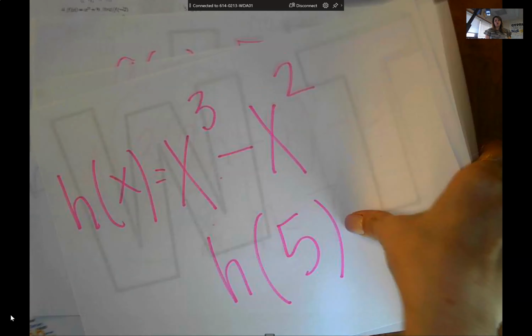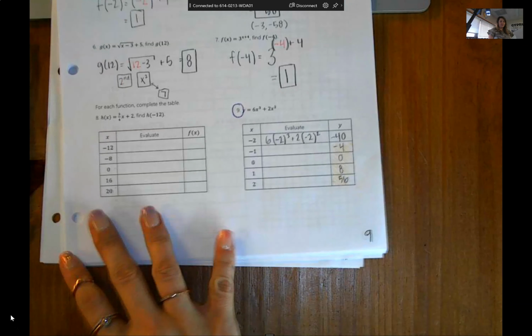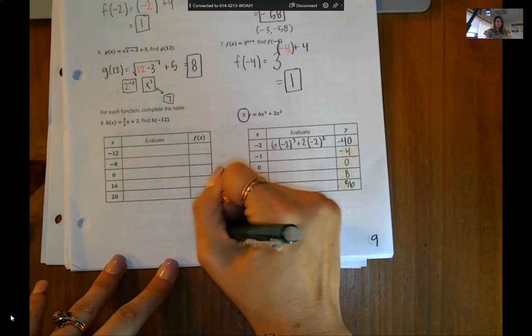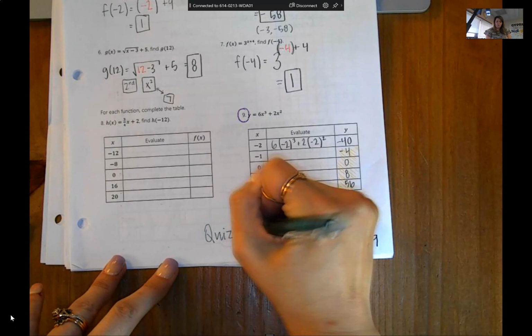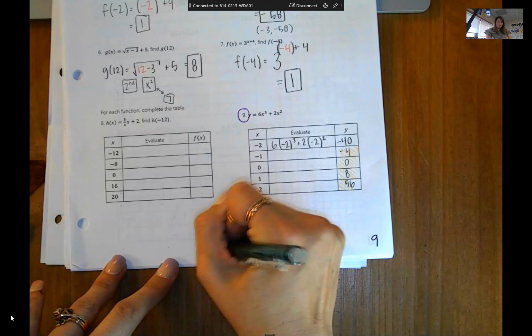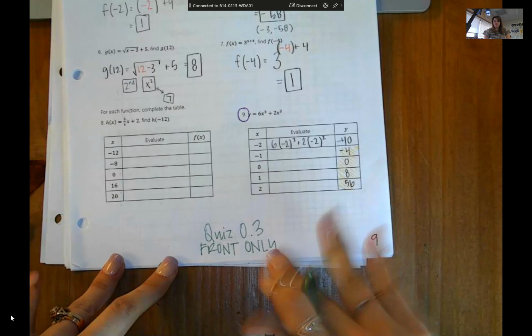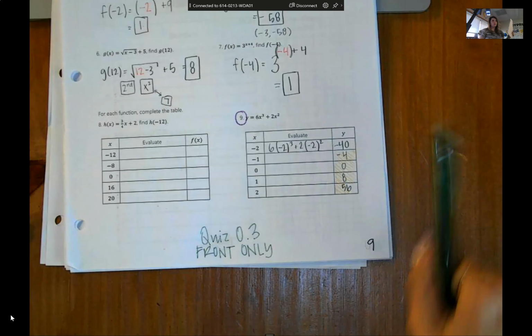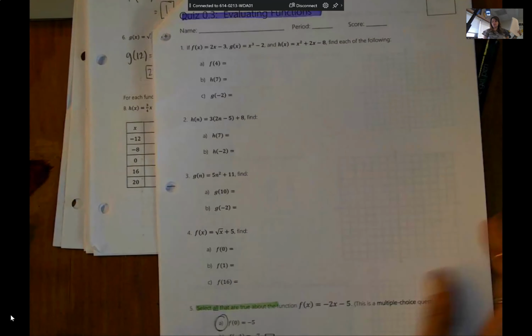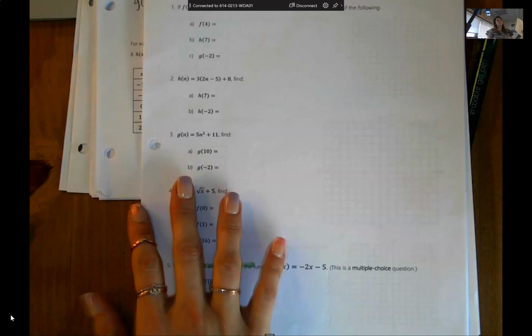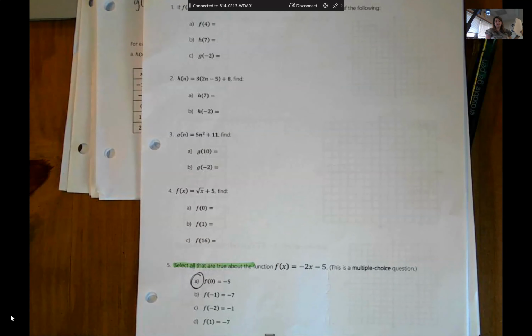Okay, so on your quiz, we are stopping here, but there's not a stop sign, so I'll just write it in. We're doing quiz 0.3, the front only. The front only. Now, 1, 2, 3, 4 are basically what you just did. They don't put it in a table, but it's very similar.